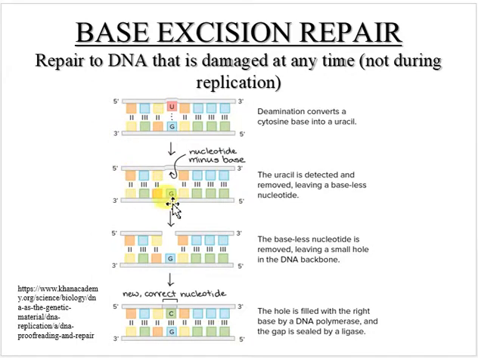That leaves this little space in the DNA backbone. It's like somebody's lost a little tooth. So DNA polymerase will fill that hole with the correct base, and then either side of that gap will be sealed by ligase. So you have a continuum of your sugar phosphate backbone.